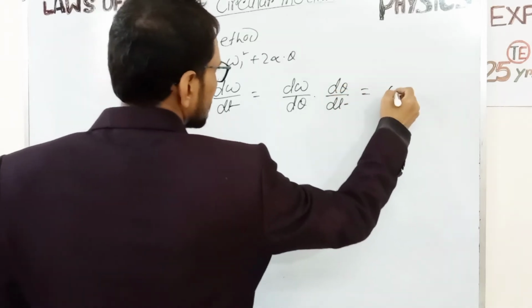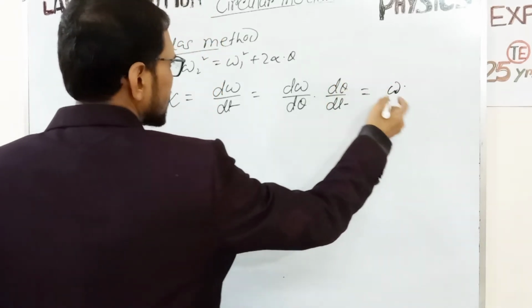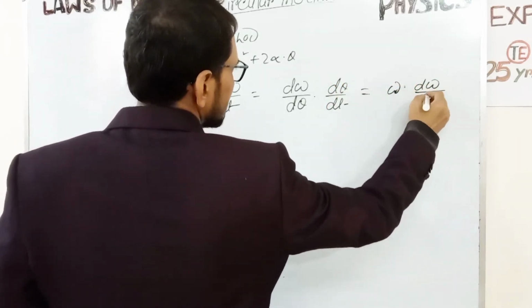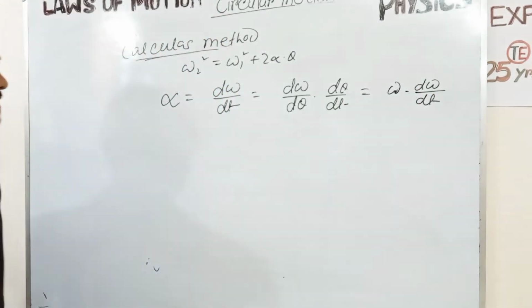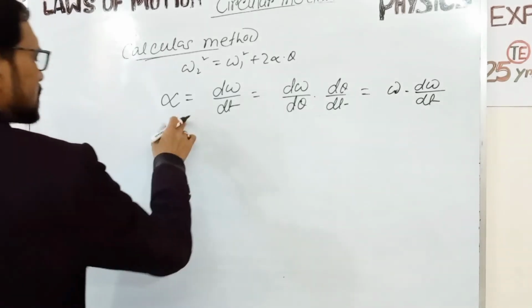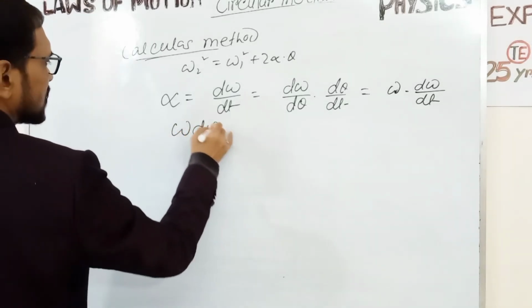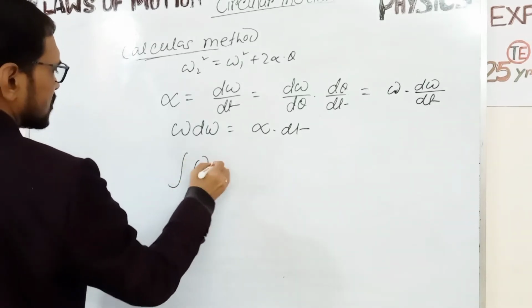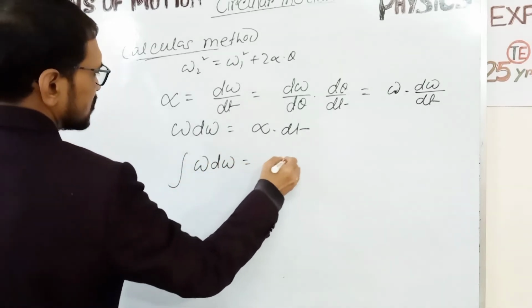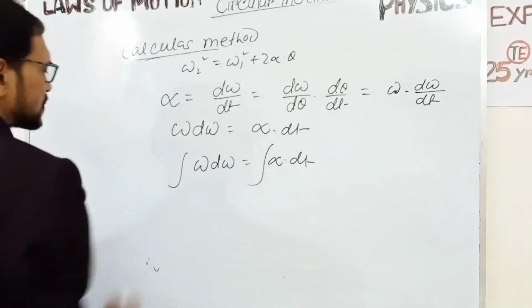Now d theta by dt equals omega, so alpha equals omega d omega by d theta. Now cross multiply: omega d omega on one side and alpha d theta on the other side. So omega d omega equals alpha into d theta, then integrate this.